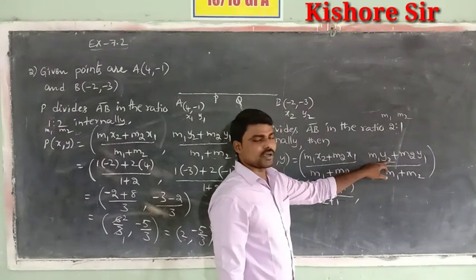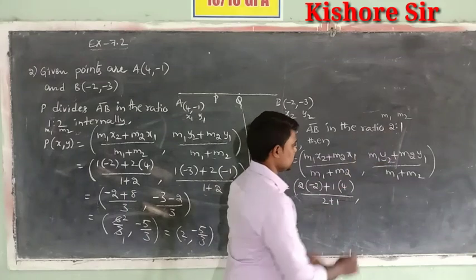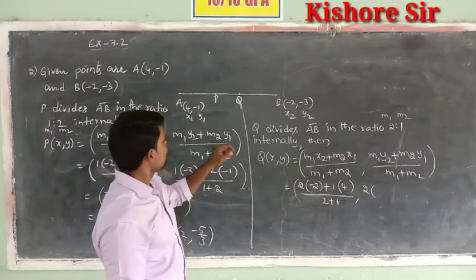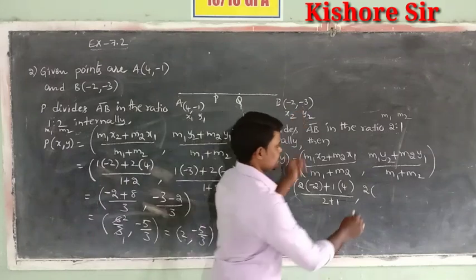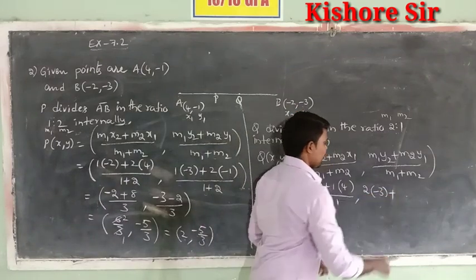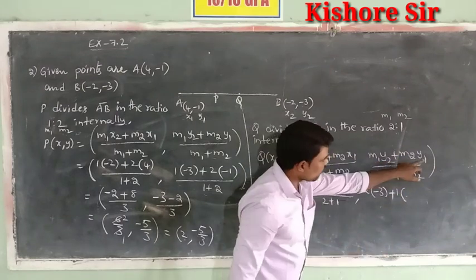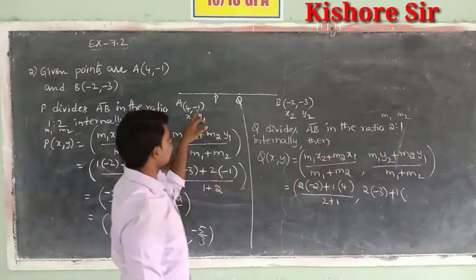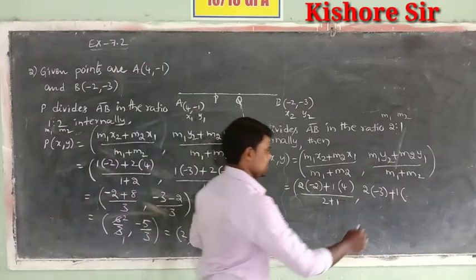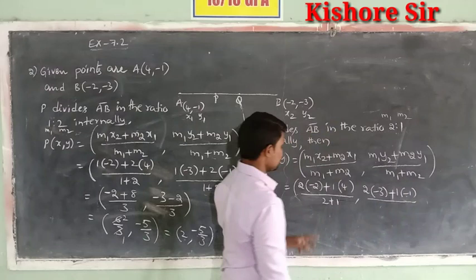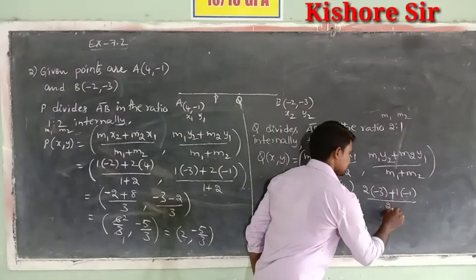Next, m1, 2, into y2, minus 3, plus m2, 1, into y1, which is minus 1, by m1 plus m2, 2 plus 1.